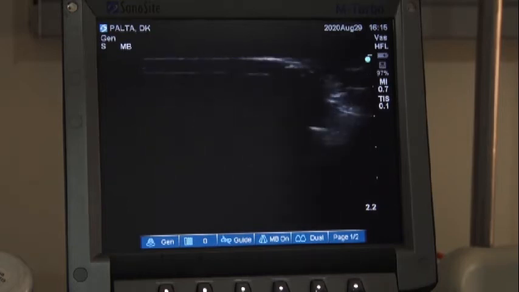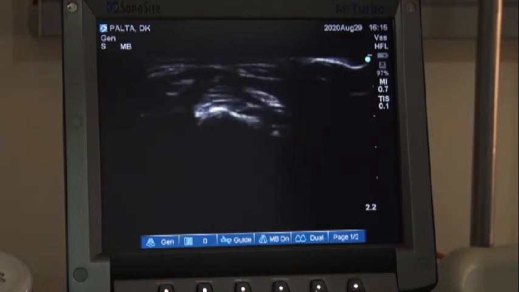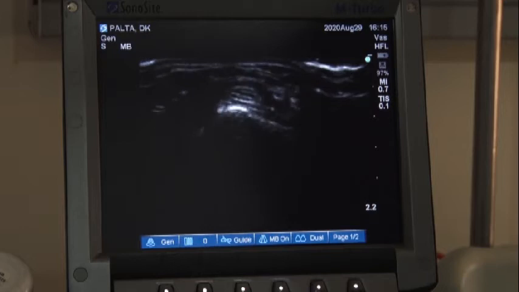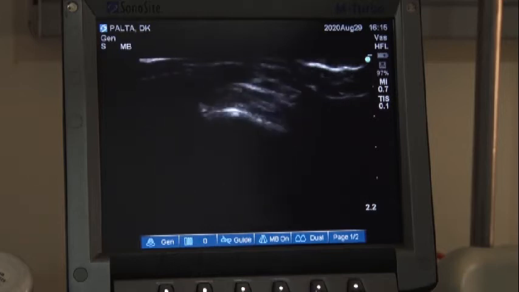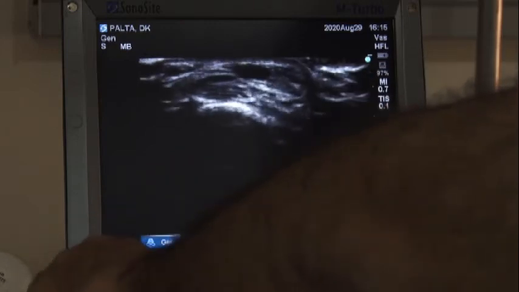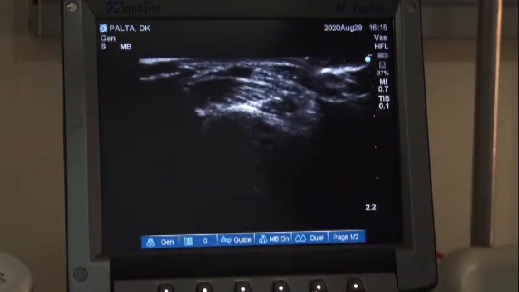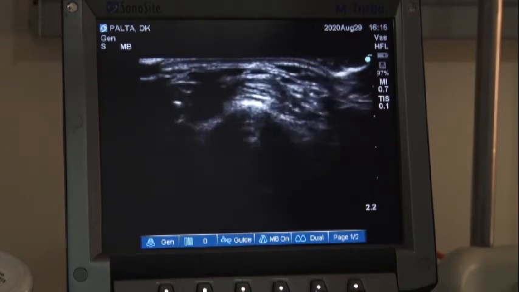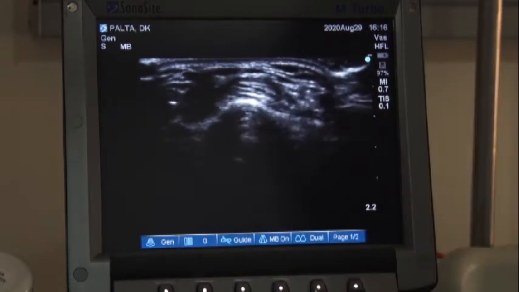First I will screen the transverse section. So what is happening here, this is the vein. Look at this vein. See now, this vein is breaking into two. There are two veins now.